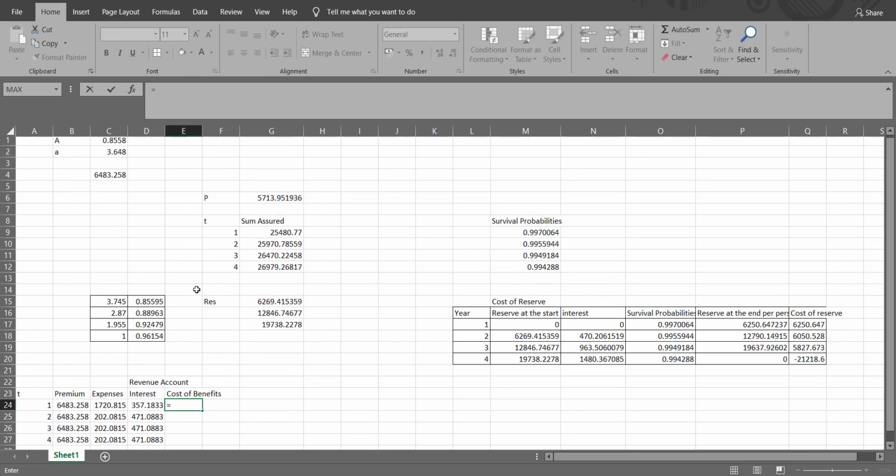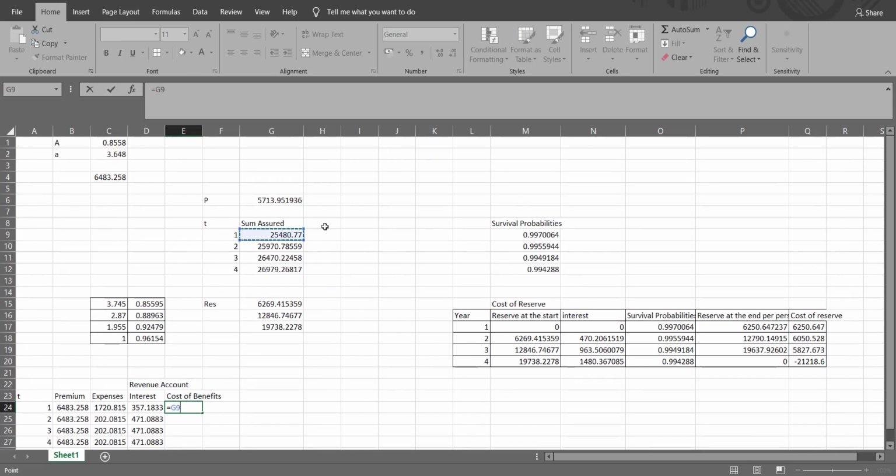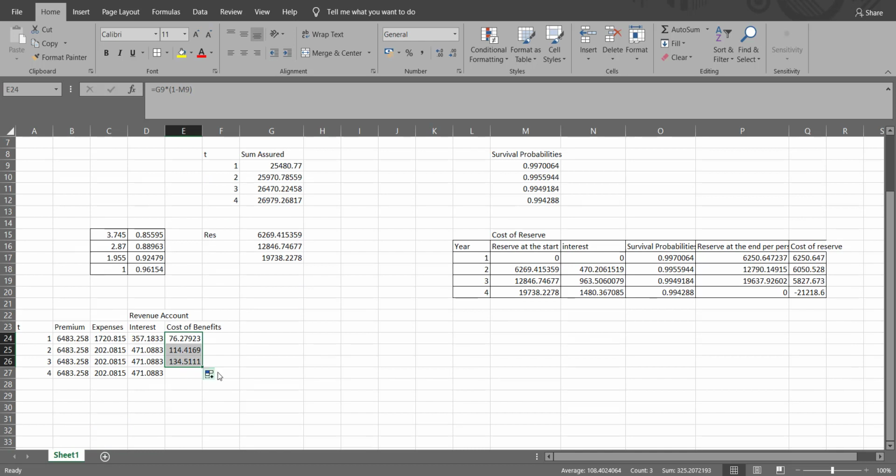Because bonuses were added at the start of the year, you had a sum assured of 25480.77. And what is the probability of a person dying in the first year? It's just 1 minus the survival probability in the first year, which is this. So you have everything ready in Excel, and that is the advantage of Excel. You get the cost of benefit, and it's actually the same for the first 3 years.